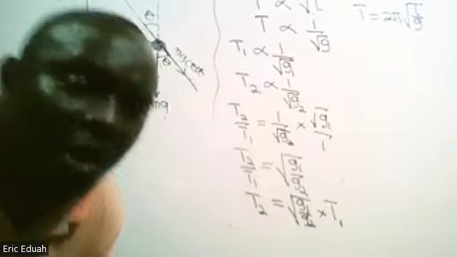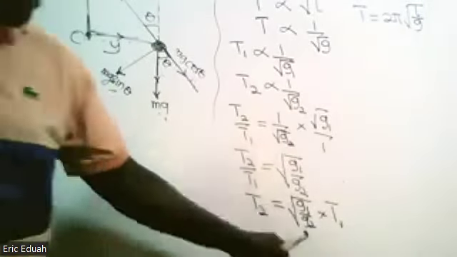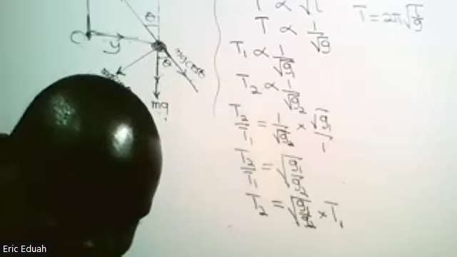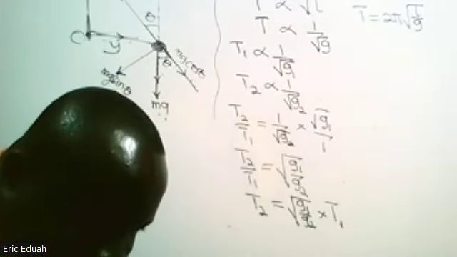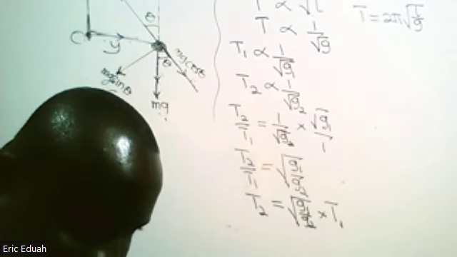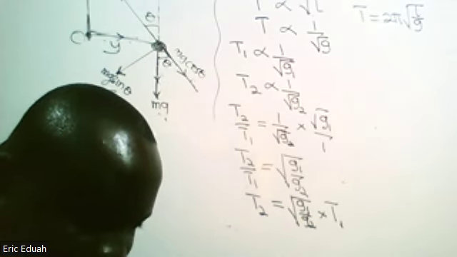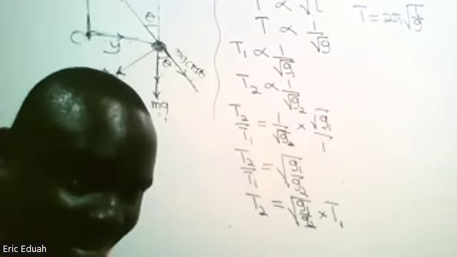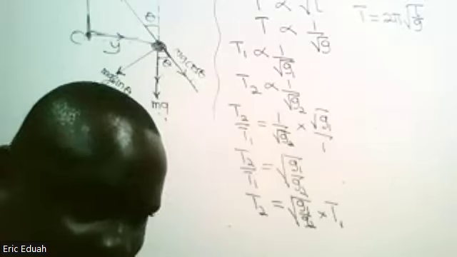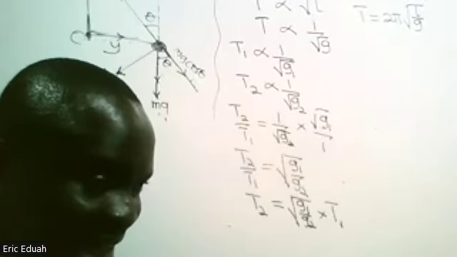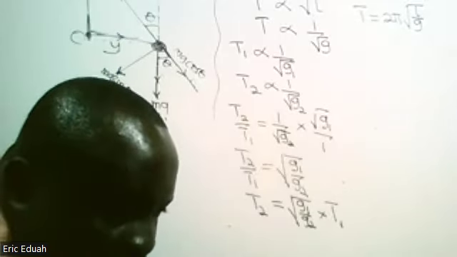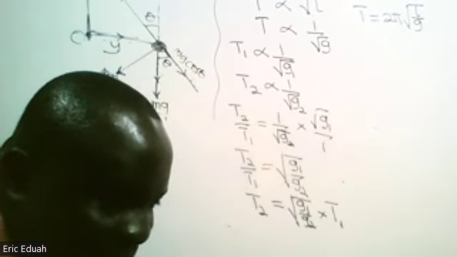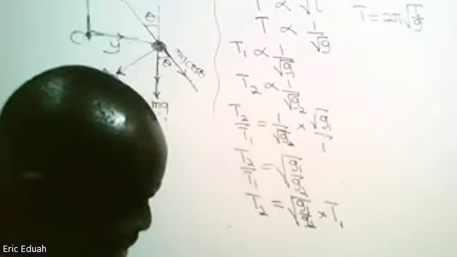Okay. So this does not affect us because gravity is constant on the surface of the earth. But for two different planets, gravity is not the same. So when you go to different planets, the period of oscillation would also change because g will not be the same.